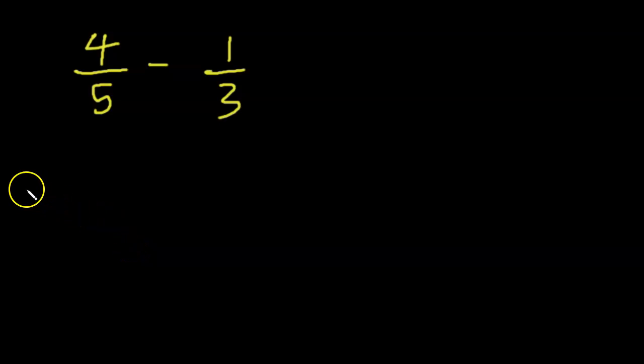Now, when I was in primary school, how I was taught, and how I'm sure many of you are taught, is okay, we put the LCM of 5 and 3, and that's what, 15.